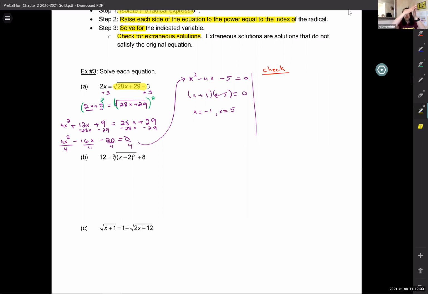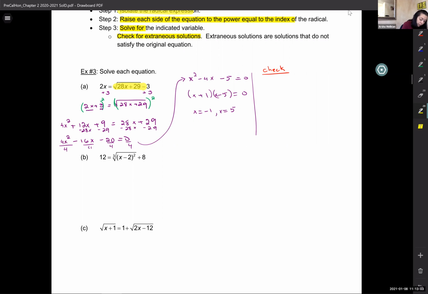Square roots only exist over half of the x-axis, only where the stuff inside is positive. Now, when you square, you make that condition go away. So you might artificially introduce solutions which otherwise would not have existed, right? So now you have to check to see that both of them work.